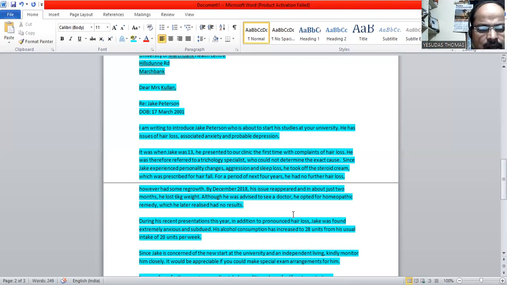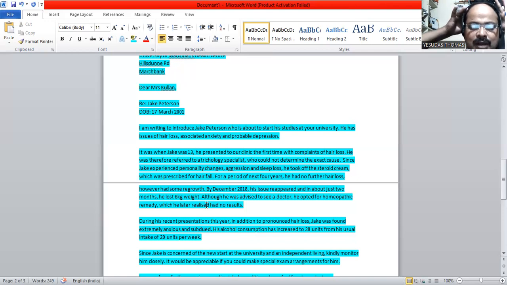By December 2018, his issue reappeared, and in about just 2 months, he lost 6 kg weight. He's now experiencing hair loss too.